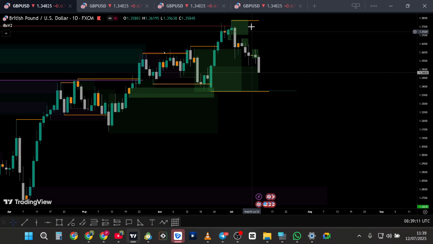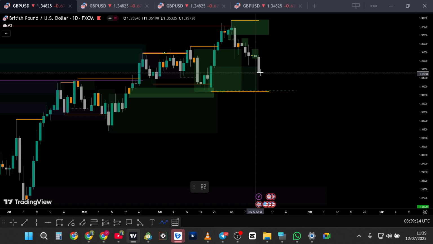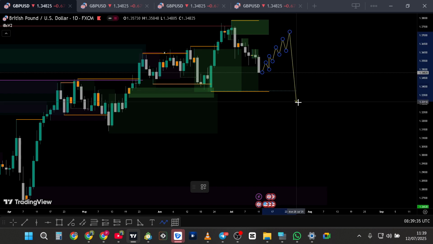What I know is this supply: if GBP USD wants to continue the trend, then this supply might hold if price comes here. So if price does give us a little bit of momentum to the upside next week, then I'll be really focusing on this supply, maybe reacting from it and then continuing to the downside.